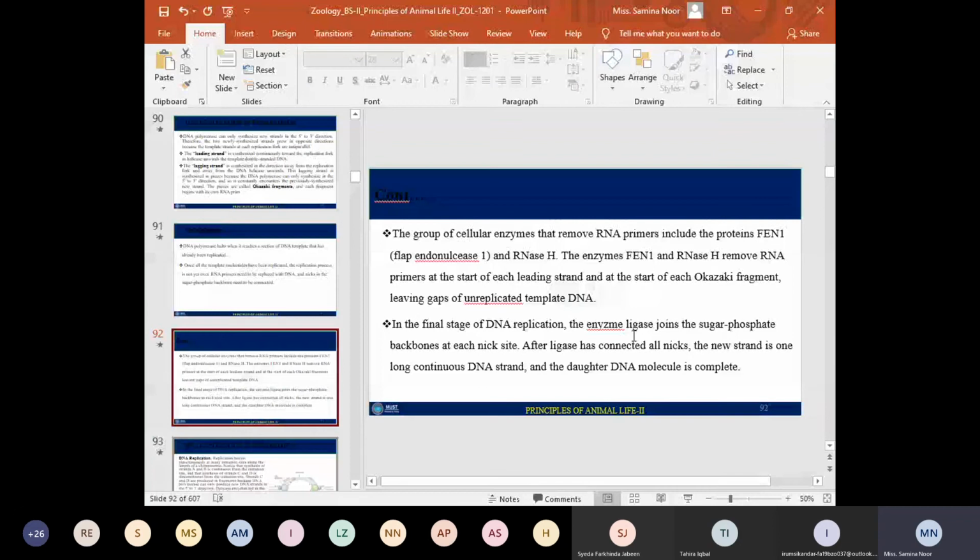So where the RNA primers are removed, gaps or nicks form, and such nicks or gaps are joined by the ligase enzyme. After the ligase has connected all the gaps or nicks, the new strand is one continuous DNA strand, and the daughter strand molecule is now completed.